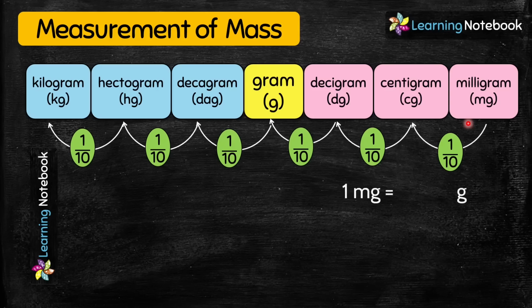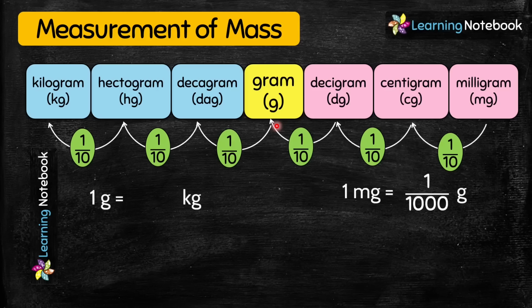So, if we have to convert 1 milligram into grams, how many times do we need to jump? 1, 2, 3. 3 times. So, we will do 1 by 10 into 1 by 10 into 1 by 10, which is equal to 1 by 1000. So 1 milligram equals 1 by 1000 gram.